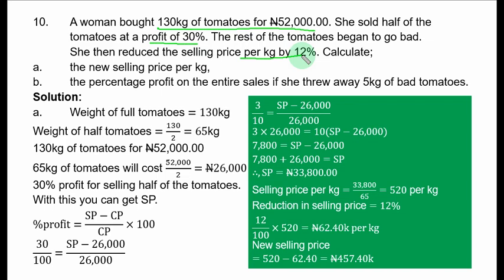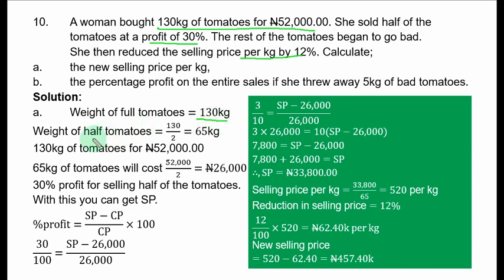Solution. Before you can get the new selling price, it means there was an old selling price. So you get it with the information about the cost price of the half of the tomatoes alongside the percentage profit. Weight of full tomatoes is 130 kilogram.